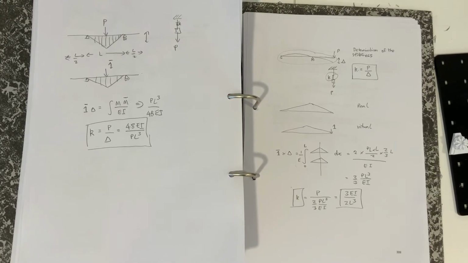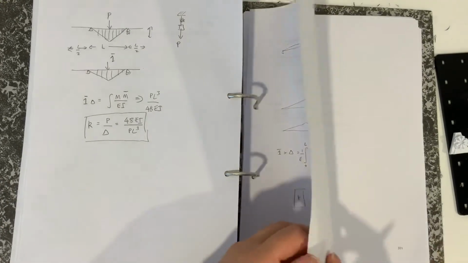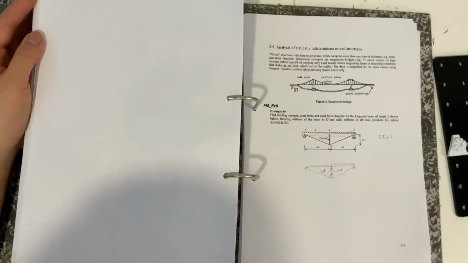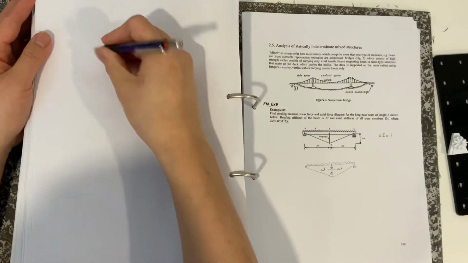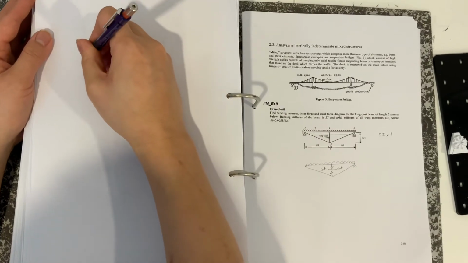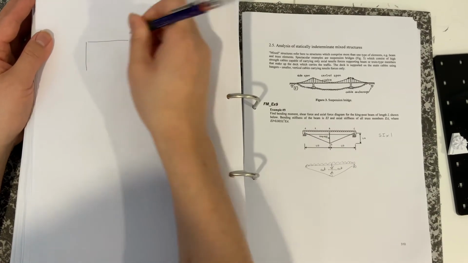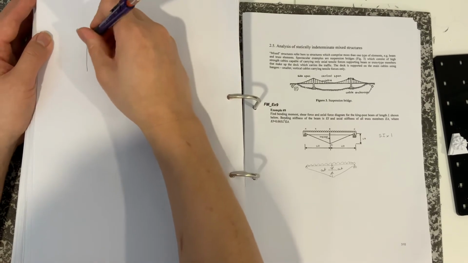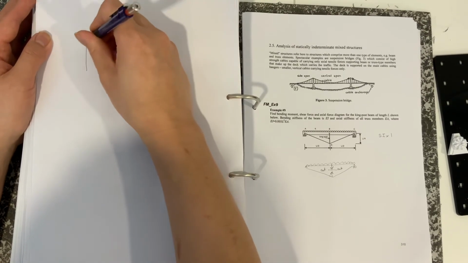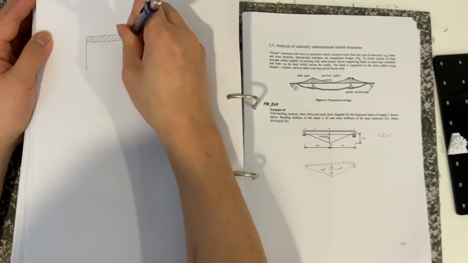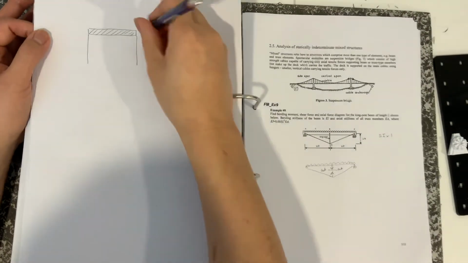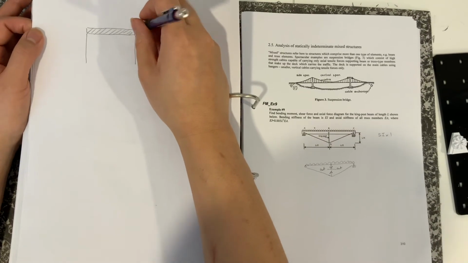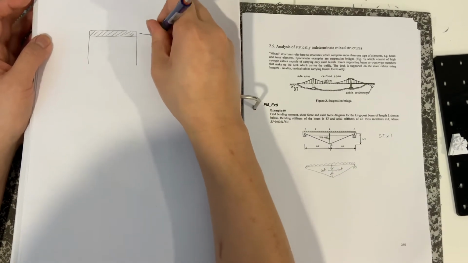So there's now a more complicated one to talk about. The more complicated one would be this one here. So we've got that there, and then we've got that there. Okay, so this one we would say is rigid, and then this one here is going to have a force P there.